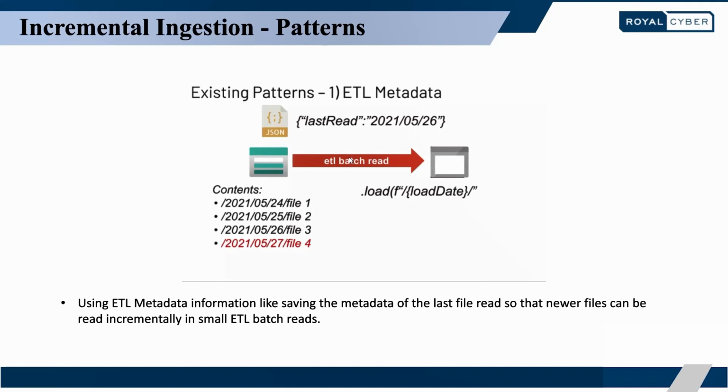It requires storing the metadata of the files already processed somewhere, in the configuration or in some area, so that whenever the ETL batch process runs, it doesn't fetch the files already loaded, but any file that is placed incrementally, it will load into the target area.